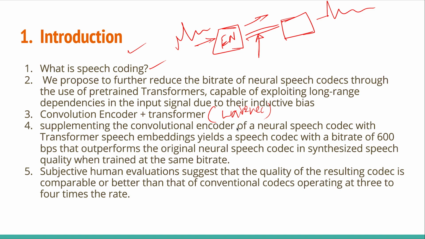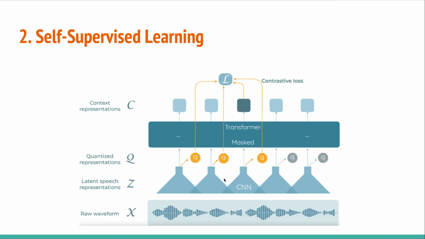So the paper shows that if you supplement the wav2vec features, or self-supervised pre-trained model features, to the convolution encoder, you will get very good bitrate, like I mentioned, and it outperforms all the previous models or previous algorithms published for this space in speech, and also you get very good quality during the synthesis, right? And we'll see the results and the evaluations they are conducting for this paper in the coming slides.